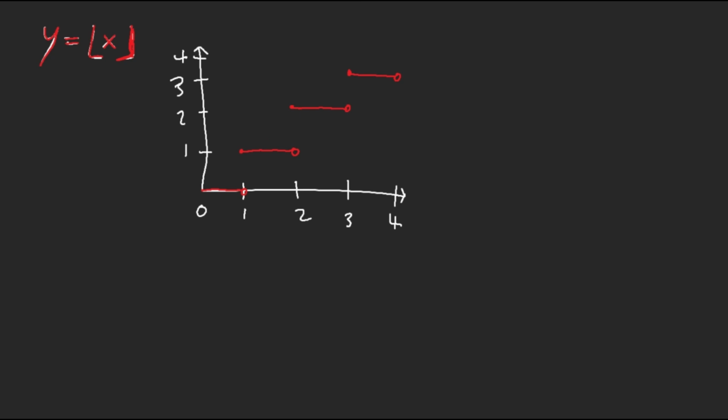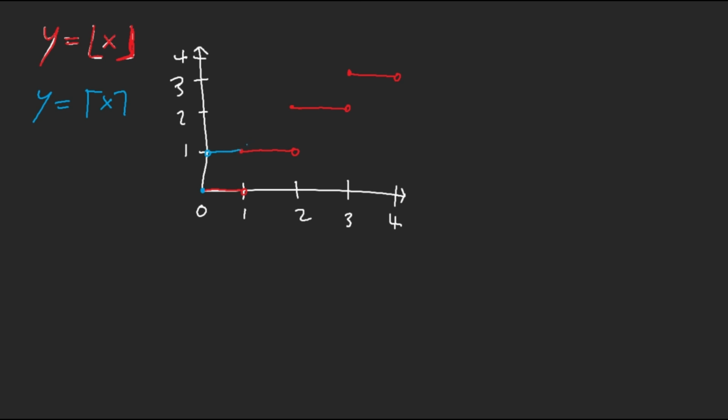Now, for the ceiling function, it's technically similarly the same in a way. So if you plug in 0, it's going to equal 0, right? But if you plug in anything higher, it's going to round up to 1.